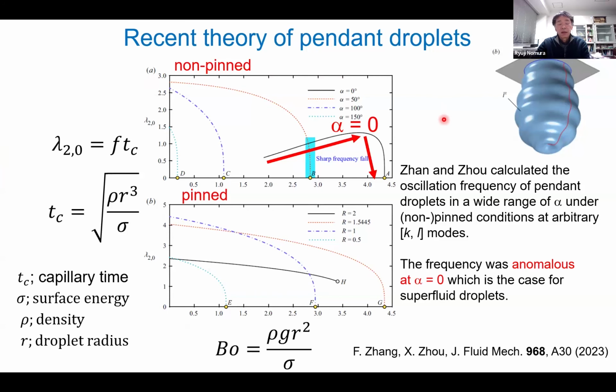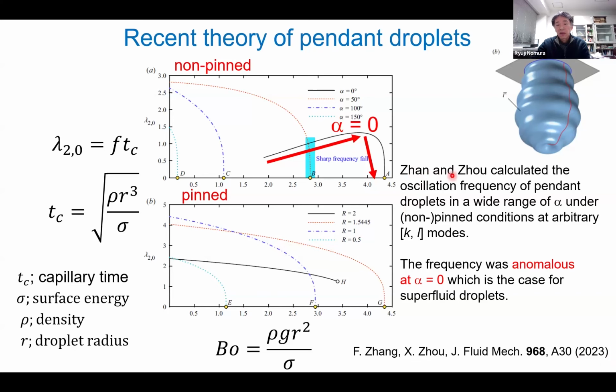Until recently, I had no clear explanation why we have such an anomalous oscillation for the superfluid. But recently, I found a theory that may account for our observation of the anomalous oscillation. This theory is quite recent, 2023.